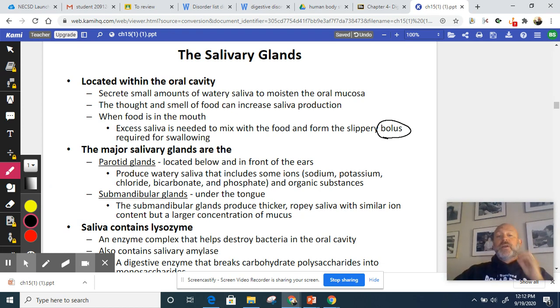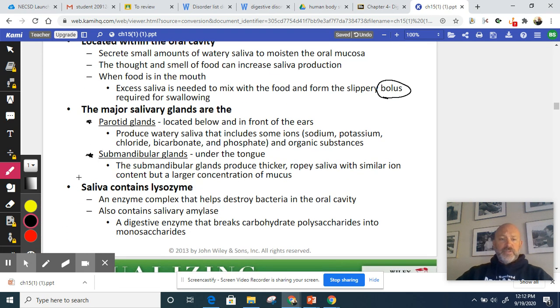All right. On the sides of the mouth, we have parotid glands. And then under the jaw, we have submandibular glands. And then we also have sublingual glands under the tongue. All right. So what is it about saliva? Well, besides making the food slippery, which is nice because we need the food to slide through the GI tract, there's also a lysozyme.